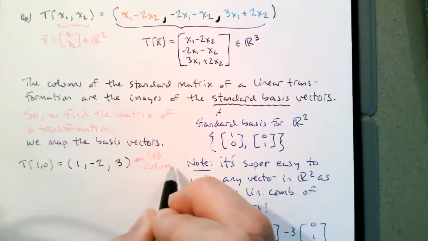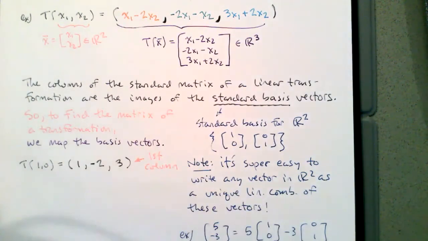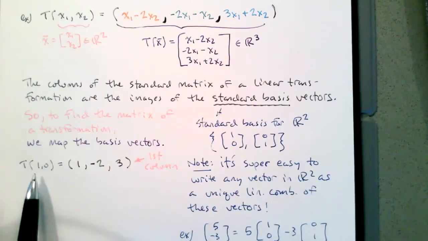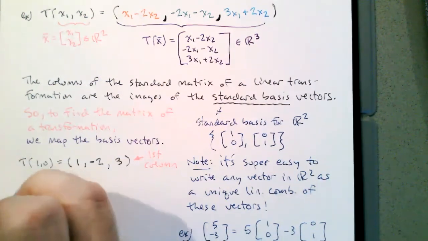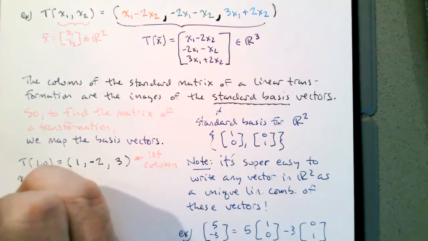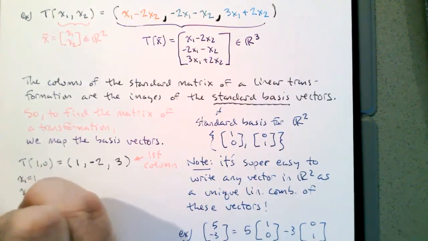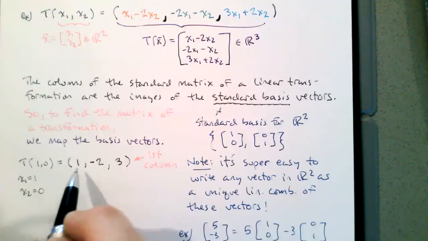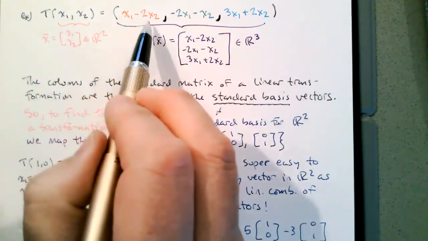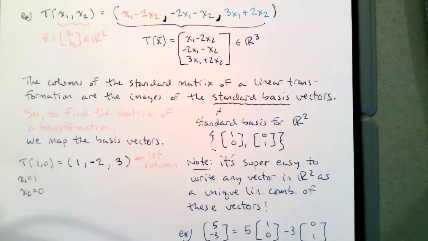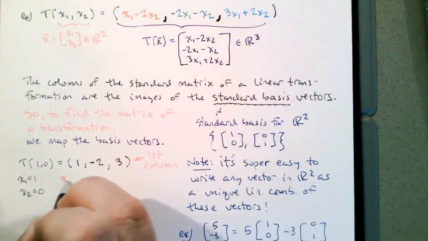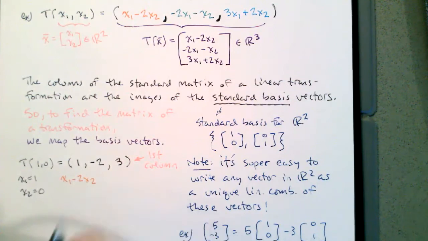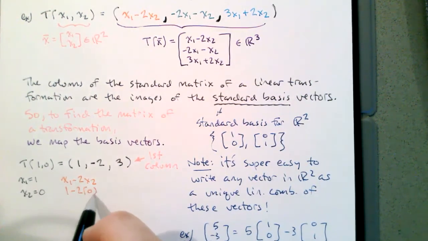Could you explain how you got 1, negative 2, and 3 again? I just took x1 equals 1 and x2 equals 0. The first expression is x1 minus 2x2, so I have x1 is 1 minus 2 times x2, which is 0.